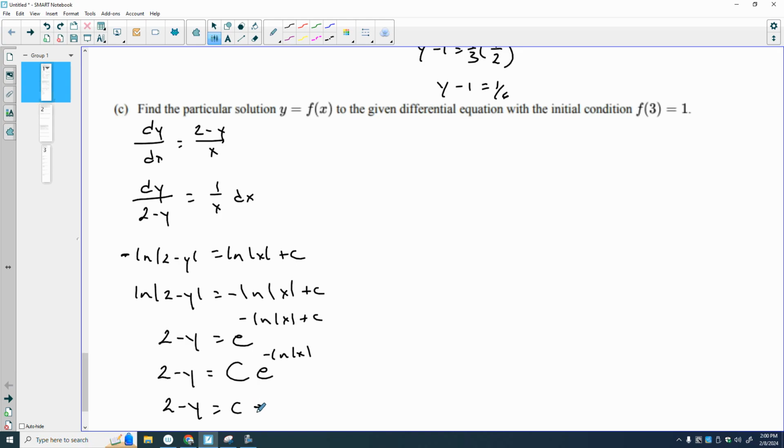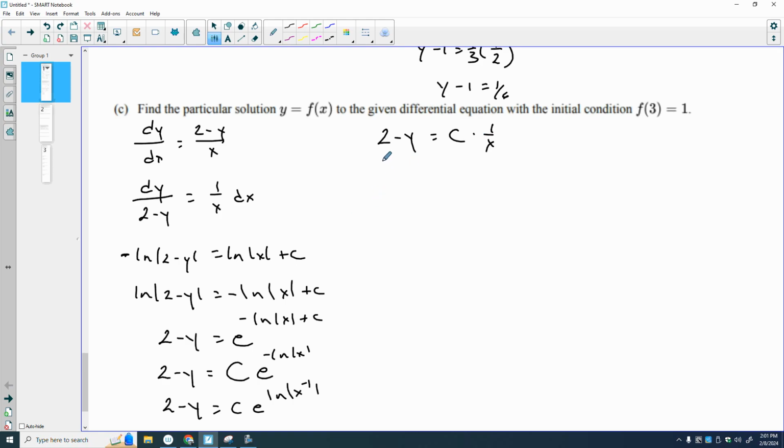And I get C e to the ln x to the minus 1. The e and ln cancel, nope, sorry, I already have my plus c. I thought I missed it. Equals C times x to the negative 1, which is 1 over x. So I kind of switched it back. This e and ln cancel. I get x to the negative 1, and I switched it back to 1 over x because I think it's going to be easier to work with.